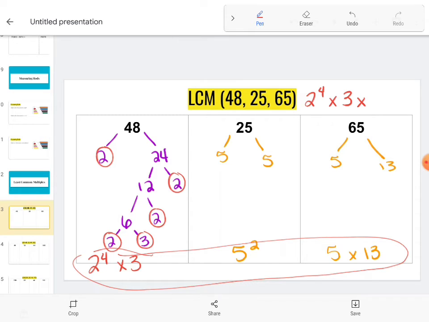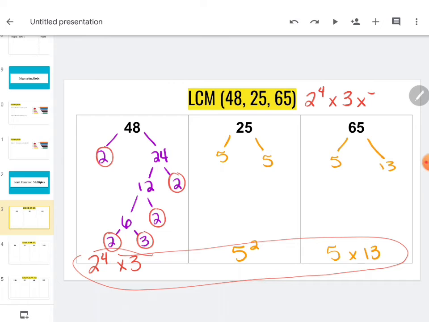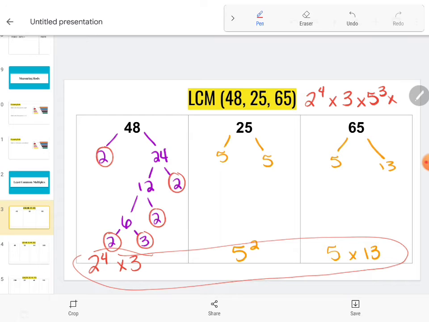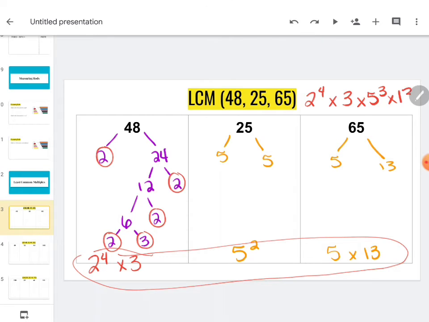Well, we have at least one 5 in both problems, so we can combine those, and instead of it being 5 squared or 5, we're going to add all 3 of our 5's together, and it should be 5 to the 3rd power. And then for our final number, we're just going to multiply 13.